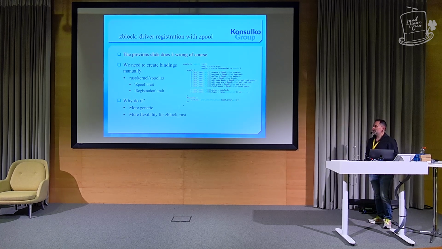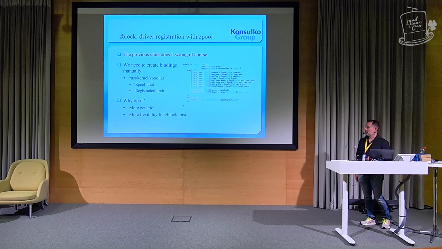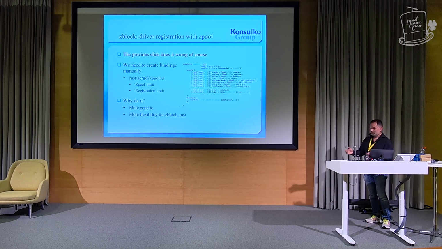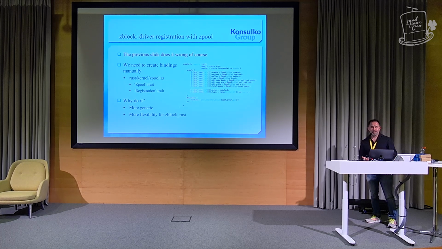And by doing that, we first of all open up to having other backends in Rust should they appear, or, I don't know, a ZSmalloc re-implementation should it be actual. And the second thing is that for Zblock Rust specifically, we gain more flexibility to use the stronger side of Rust with memory safety, in a limited way at least, and using the Rust idioms and allowing the Rust compiler to understand better what we do and to optimize things for us.